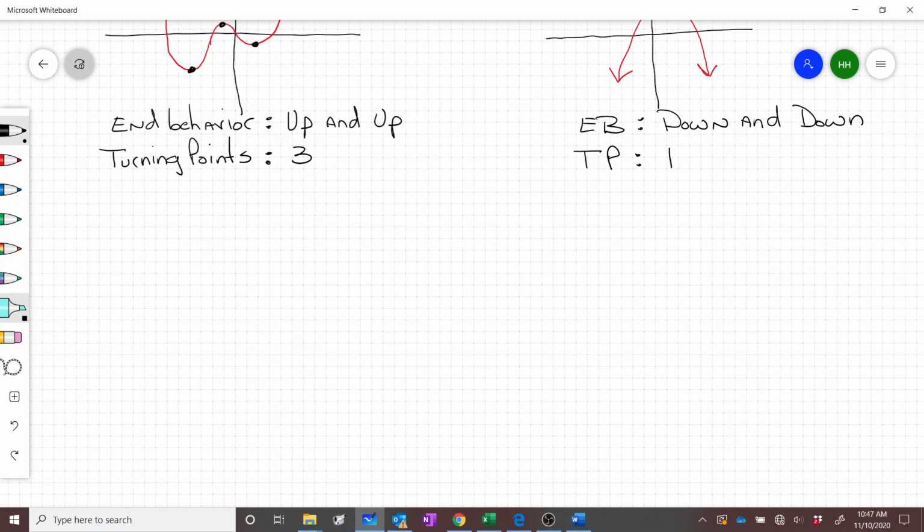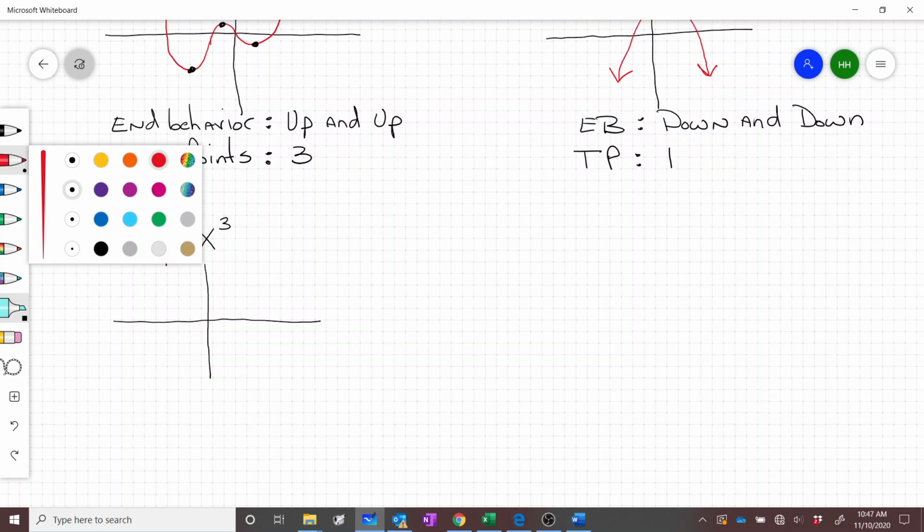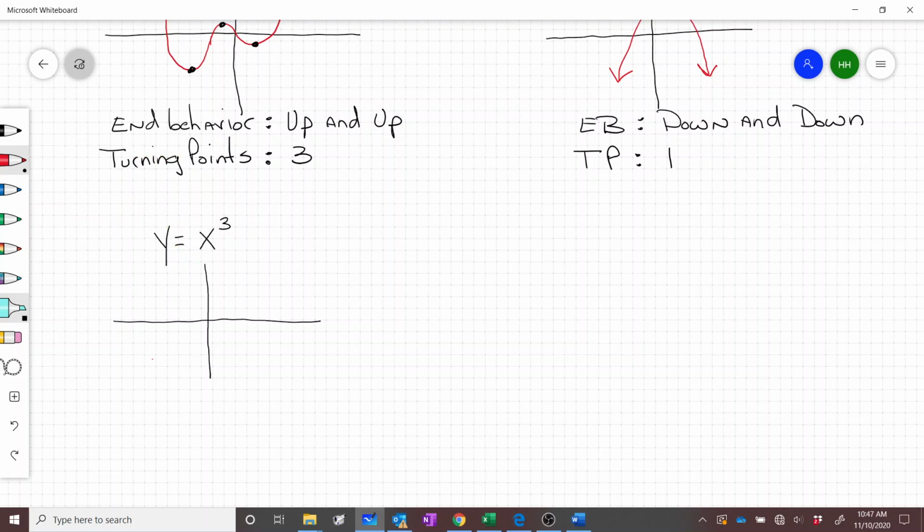Y equals x to the third. That graph looks like this right here.